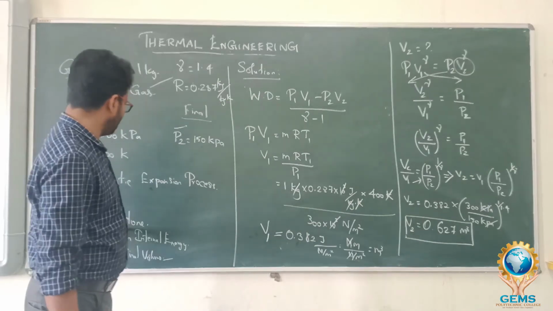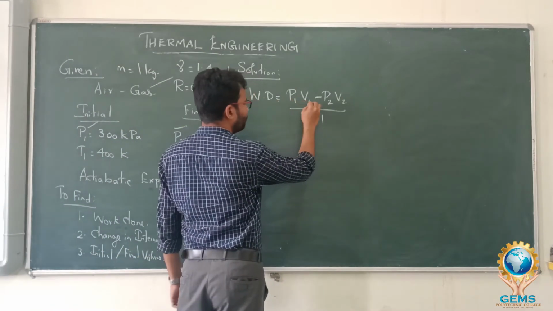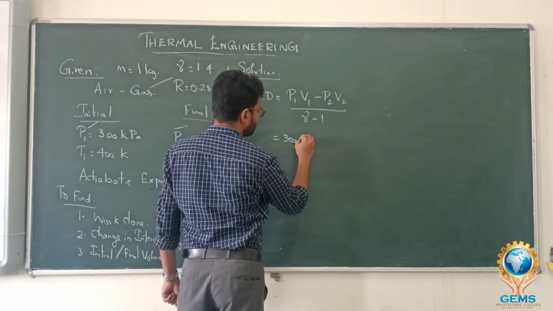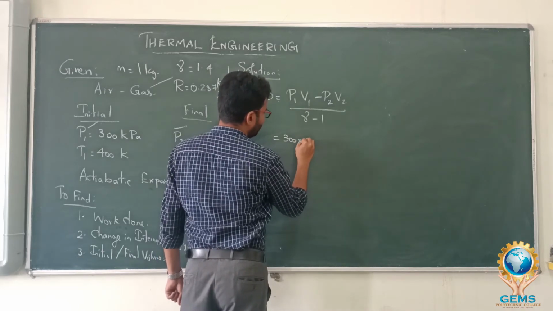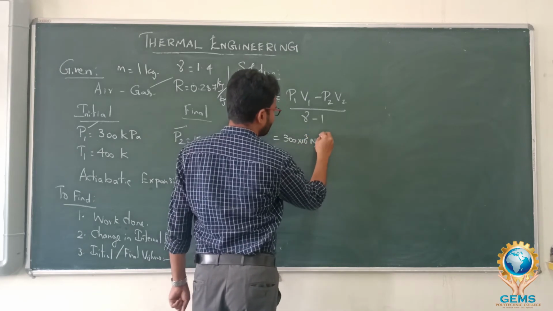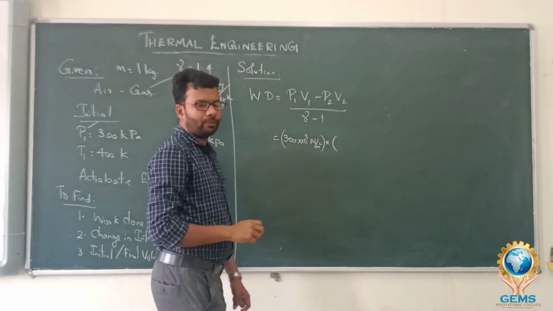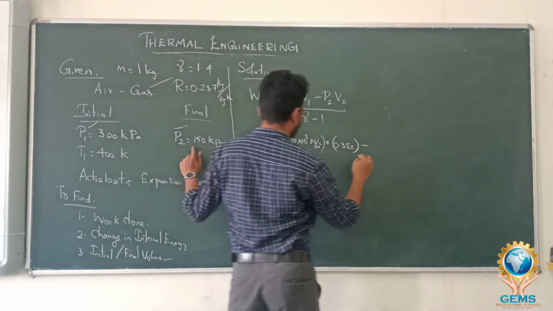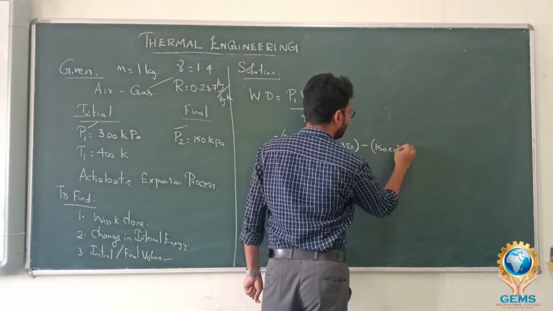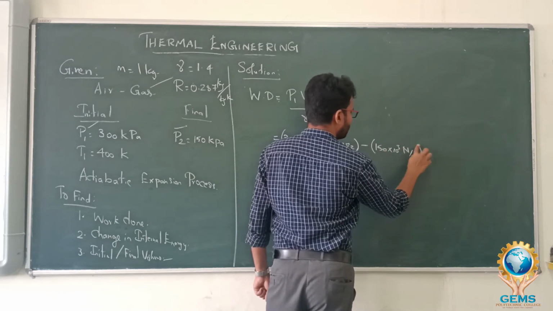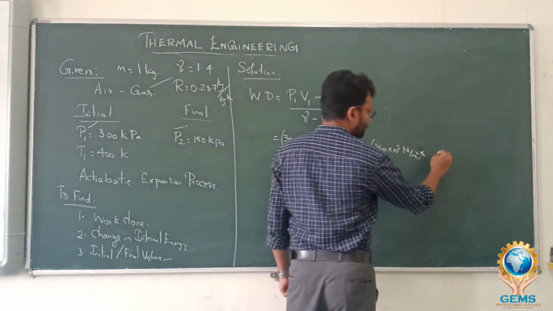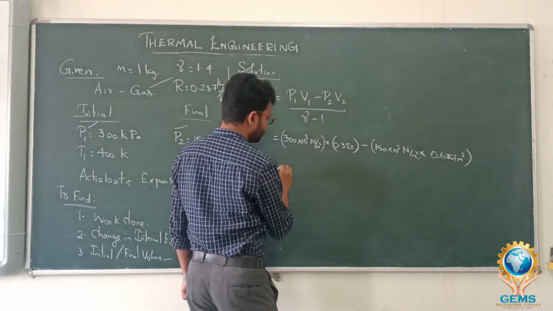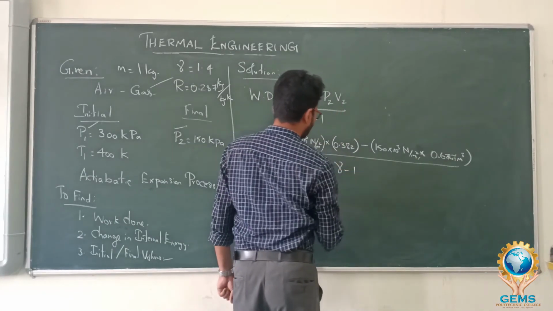Then we are going to find the work. This is the work done formula for the adiabatic process, P1 V1 minus P2 V2, divided by gamma minus 1. So it equals 300 into 10 to the power 3 Newton per meter square, into the V1 value 0.382, minus the P2 value 150 into 10 to the power 3 Newton per meter square, into the V2 value 0.627 meter cube, divided by gamma minus 1.